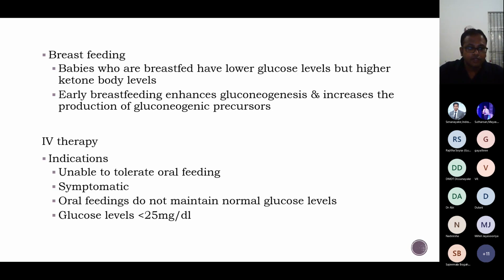So IV therapy indications: if they are not tolerating oral feeding, if they are symptomatic, and with oral feeding, if they are not maintaining adequate glucose levels, and if glucose levels are quite low, like less than 25.